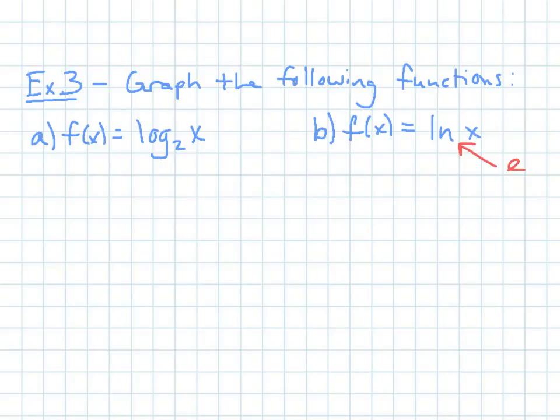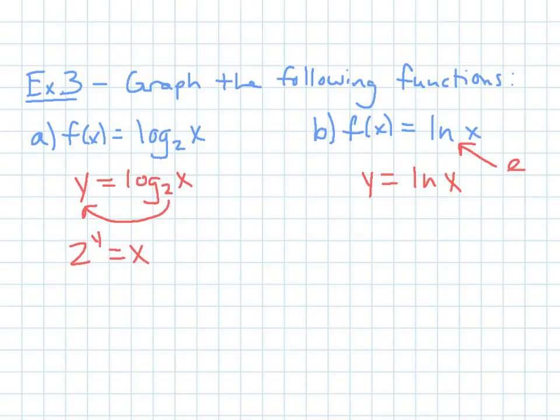So if it has a base e, then when I switch it around, it'll have e to the x equals something. Okay? So for both of these, I want to be able to change them into exponential form. So first let's get rid of the f of x and write y, just so it's easier to write. Now I'm going to change them to the other power. So the 2 is my base over here, so 2 to the y equals x. So now you're almost flipping the operations of x and y, so their roles change.